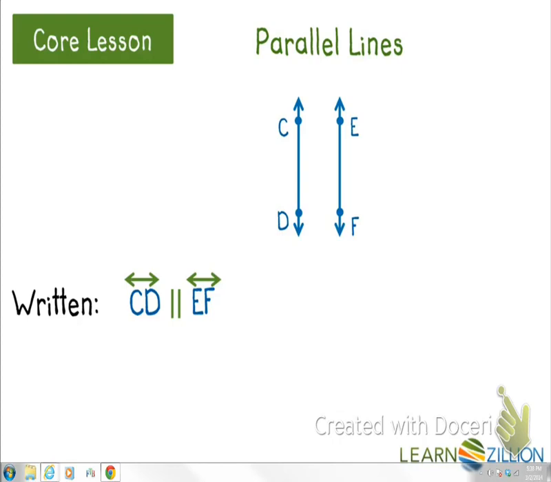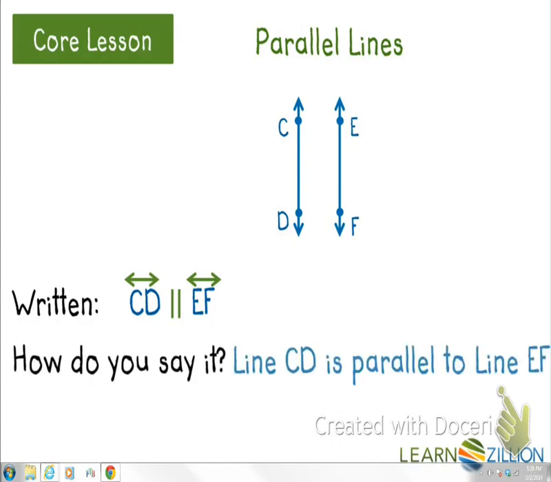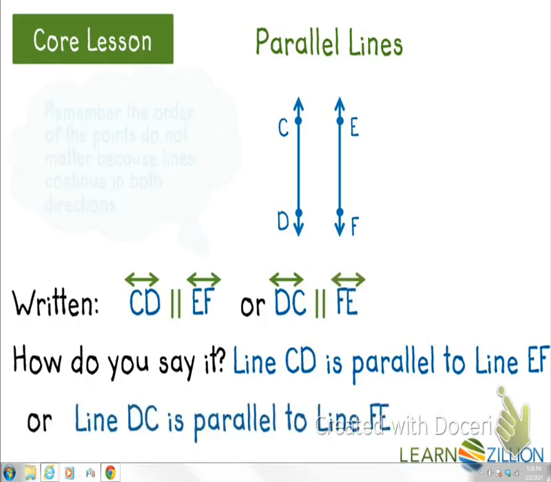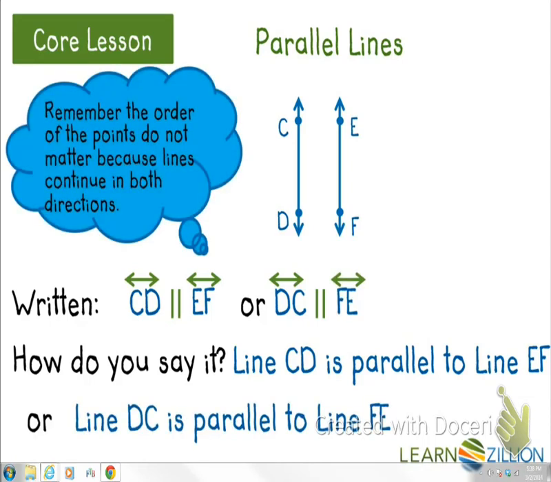And the two lines in between the letters, that shows that the lines are parallel. And how do we say it? Line CD is parallel to line EF. Or we could switch the letters. Line DC is parallel to FE. Just remembering that once again, the order of the points do not matter because lines continue in both directions.